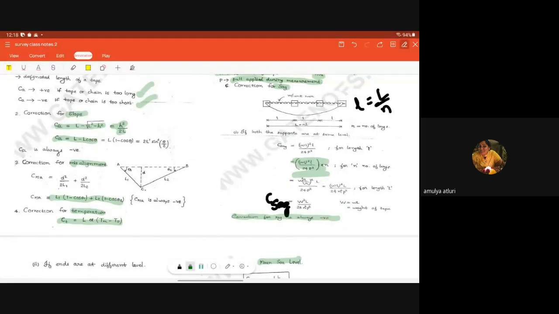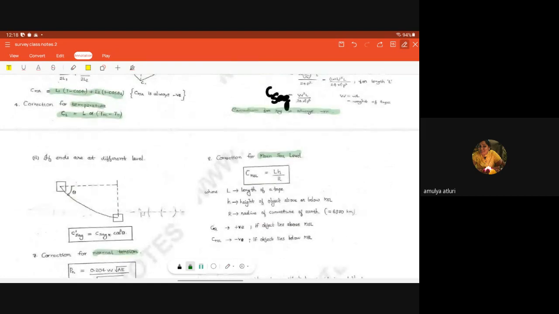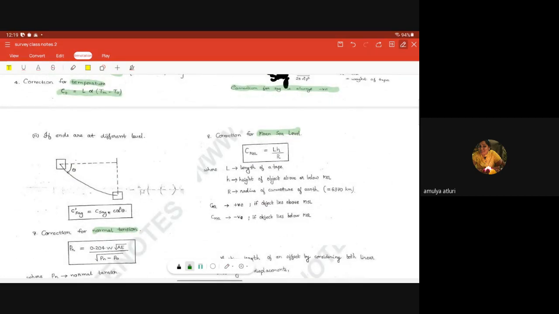This is the case if my ends are at the same level. If my ends are at different levels, then what is the case? My ends are at two different levels.